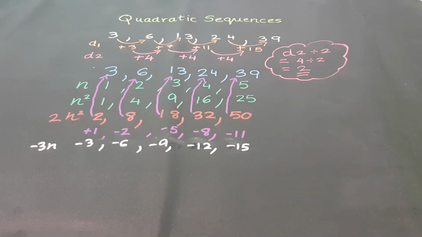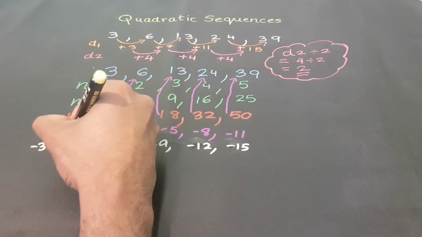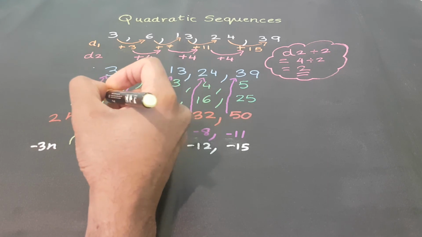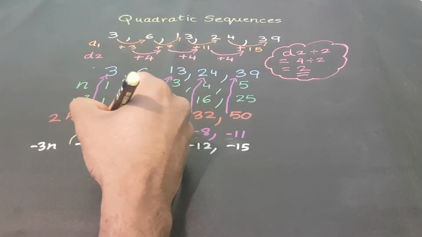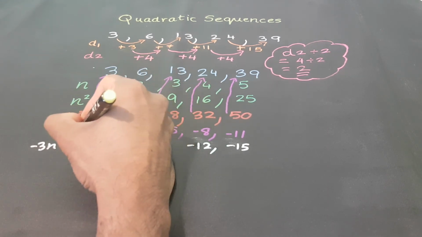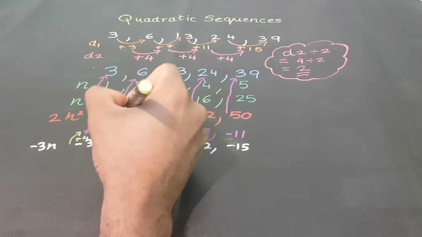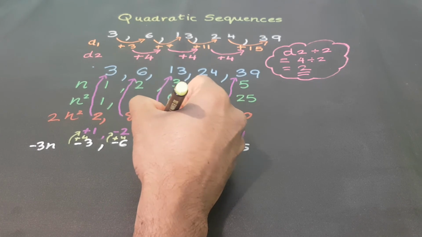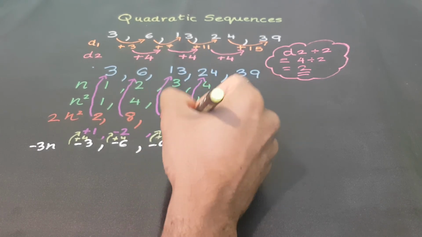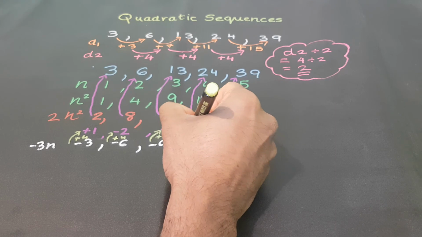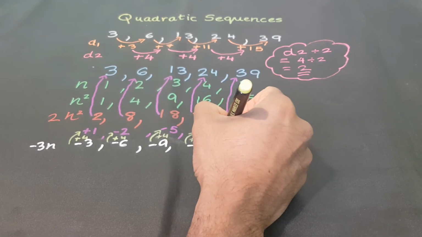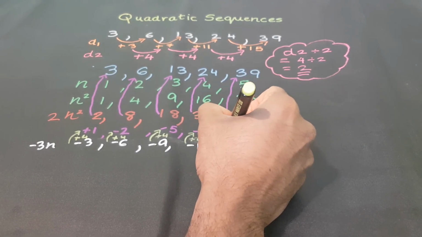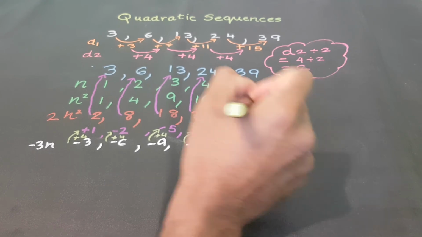Okay, so the last bit which I need to do is to see how I can go from minus 3 to 1 and minus 6 to minus 2. I have to add 4 here, add 4, minus 9 to minus 5, add 4, and minus 12 to minus 8, add 4, and minus 15 to minus 11, add 4.